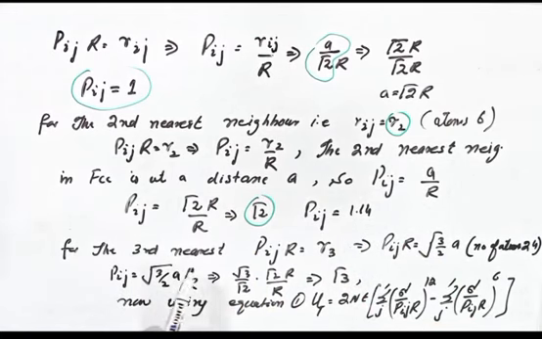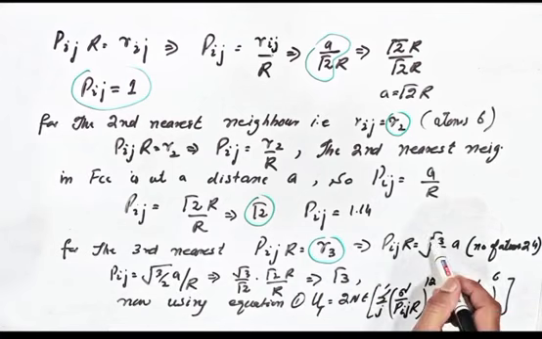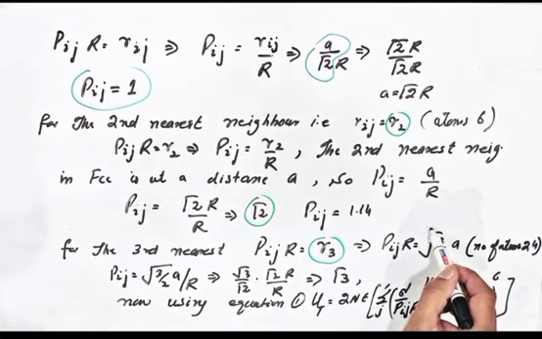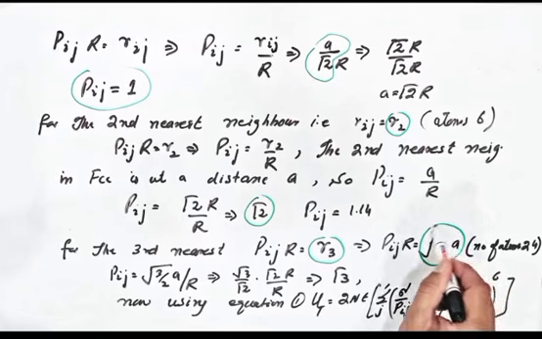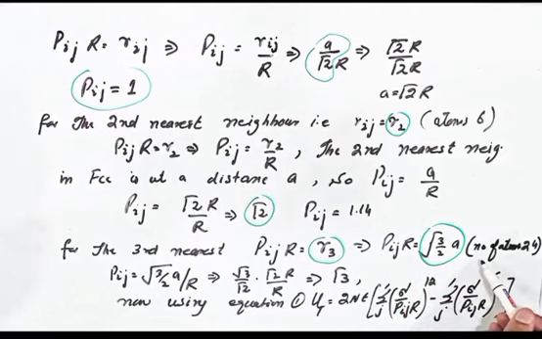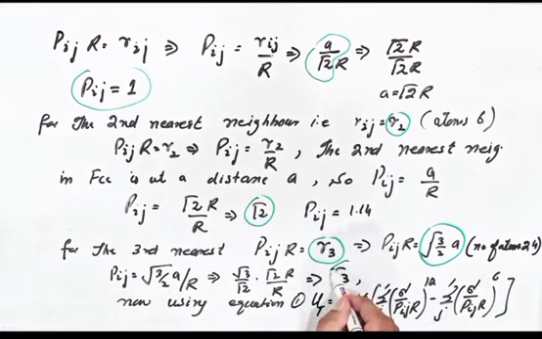Similarly, for the third nearest neighbor, Pij R is equal to R3. The third nearest neighbor for the FCC is at a distance of square root of 3 divided by 2 into a, and the number of third nearest atoms is 24. So Pij for the third nearest neighbor turns out to be square root 3.